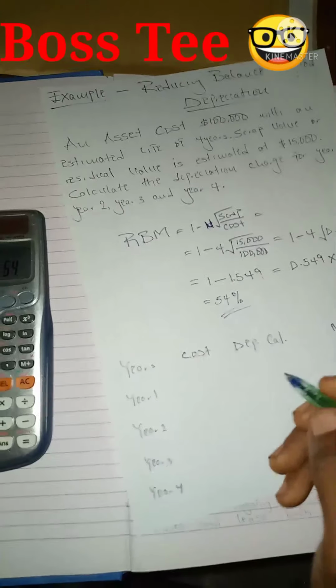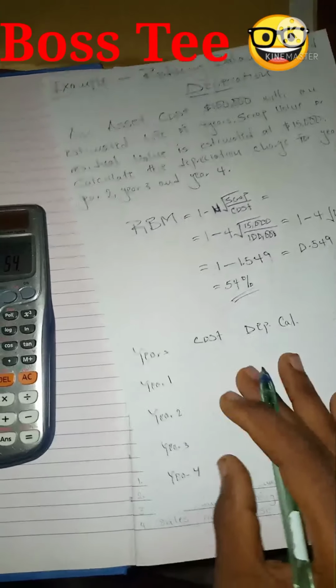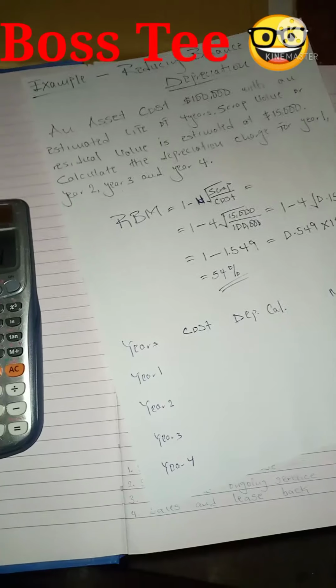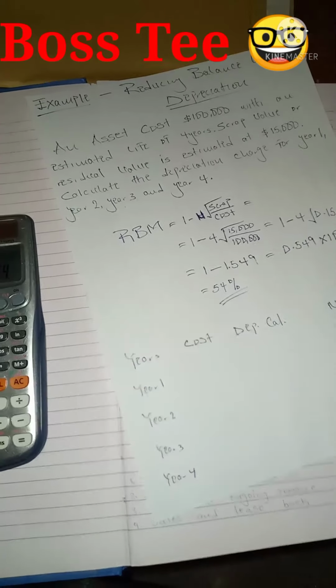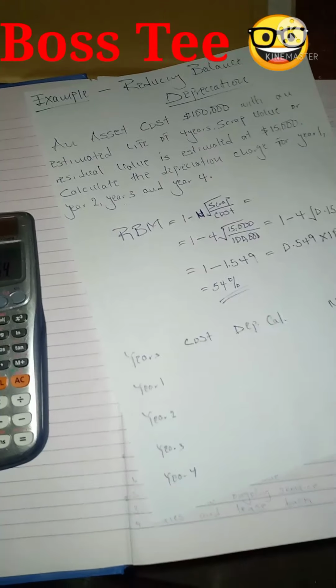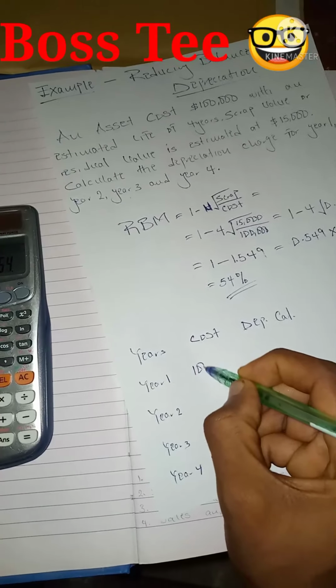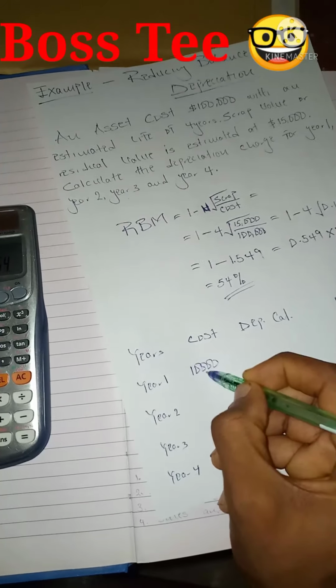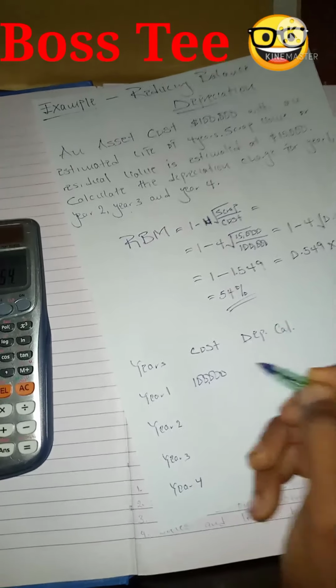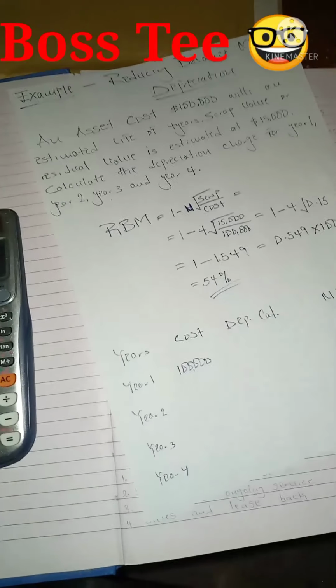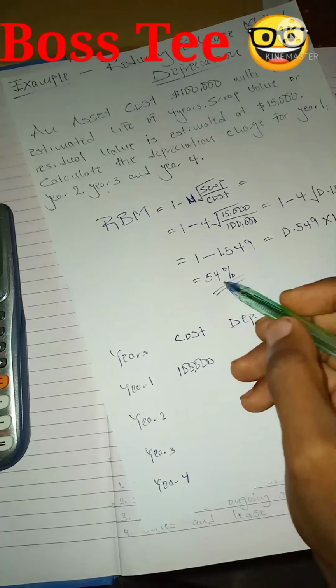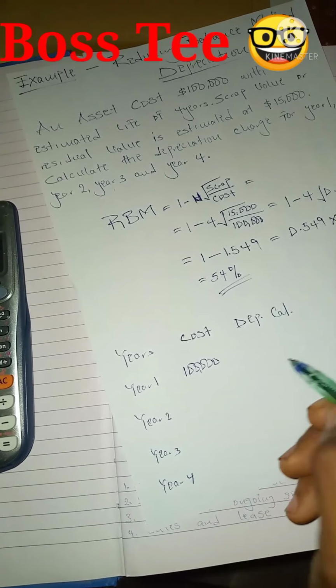Good. Okay. Now for year one, we take the cost of the asset. What's the value of the asset? Year one, the value of the asset is 100,000. That is its value, but we are going to charge depreciation using this particular percentage.